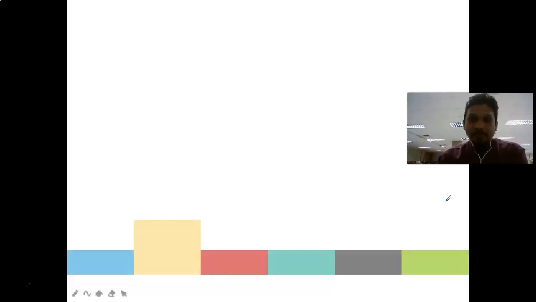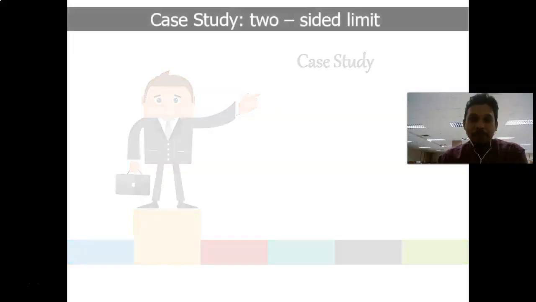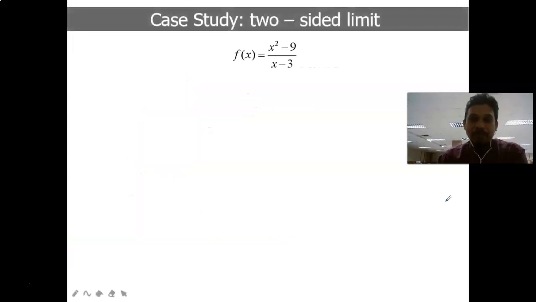So now, case study here, a two-sided limit: x squared minus 9 divided by x minus 3.